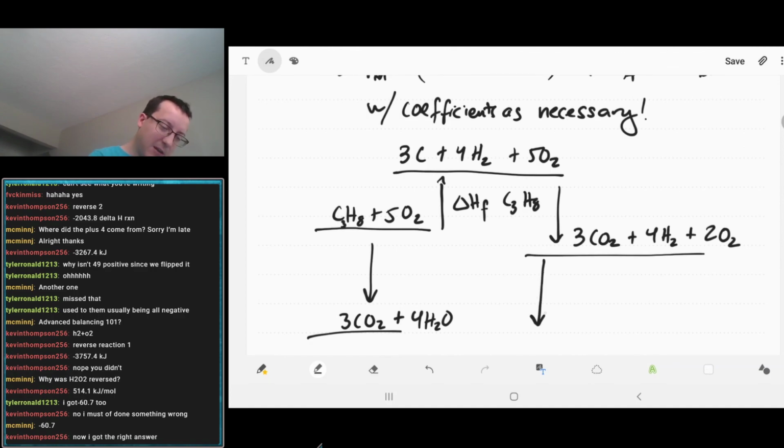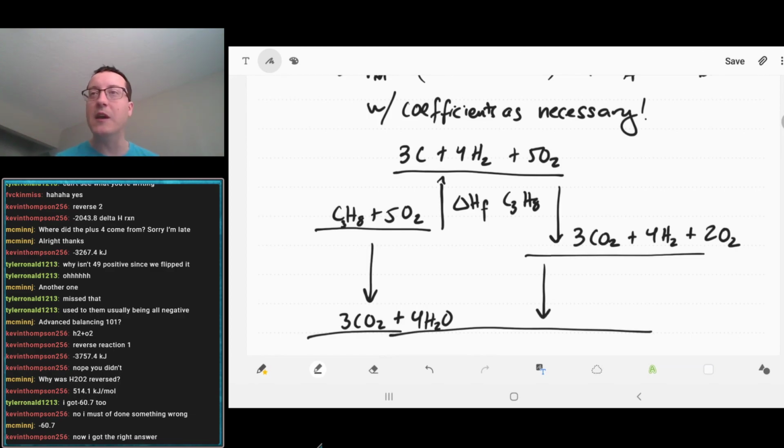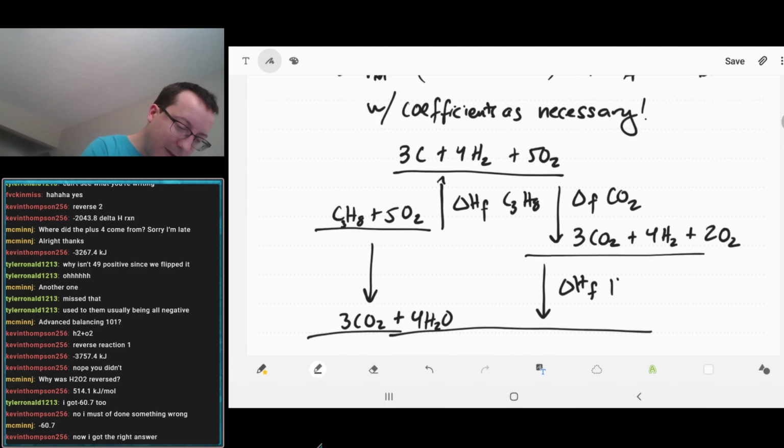And then we can go back to this level where we have our, actually it's going to be just the same thing. So this is essentially what we're doing if you want to think about it visually. So this is delta HF of CO2 and delta HF of H2O.